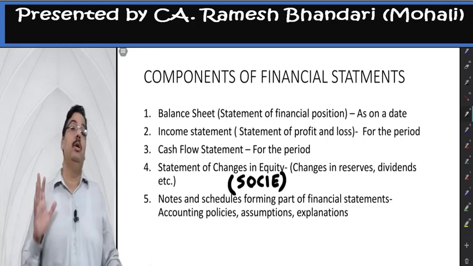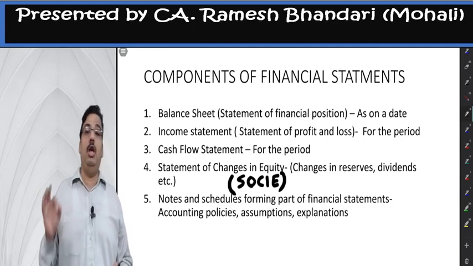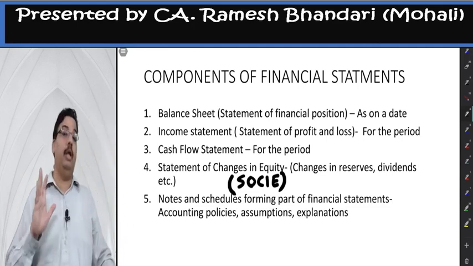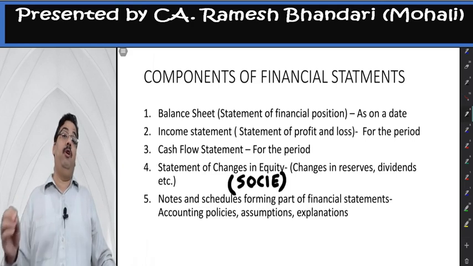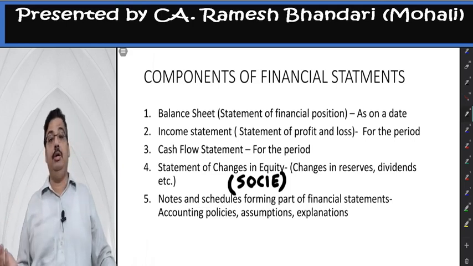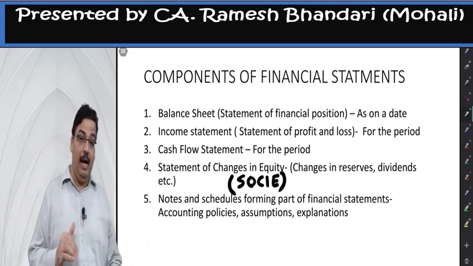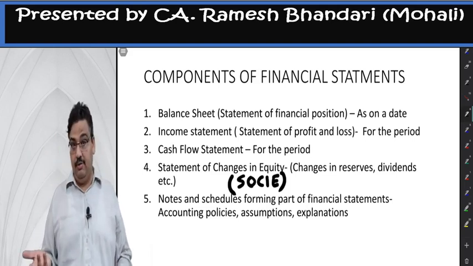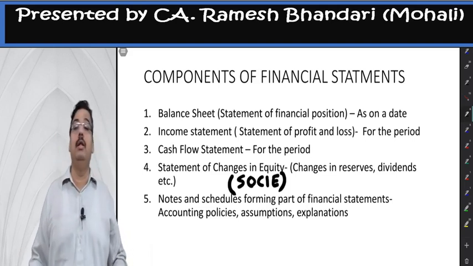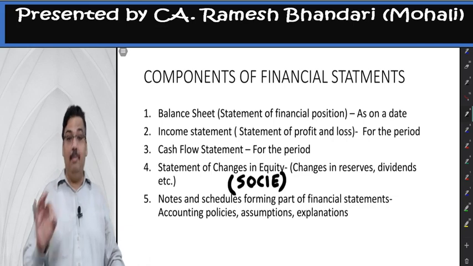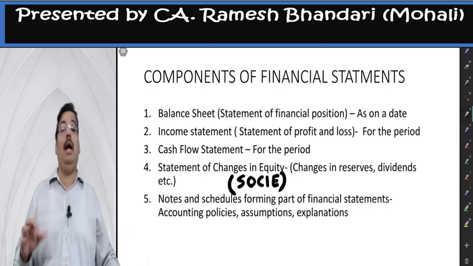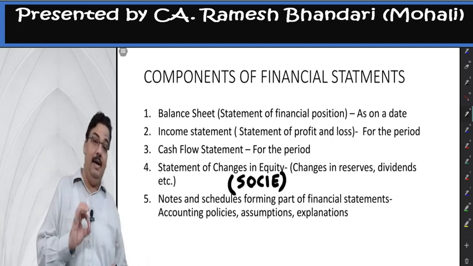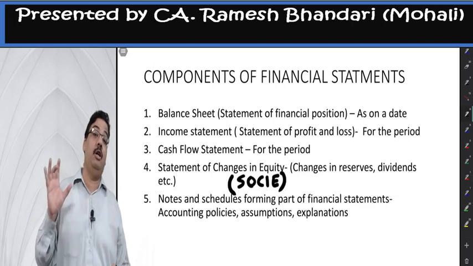What does it include? It includes changes in shareholders' equity, net profit or loss for the year taken to the balance sheet, dividends paid out of that, any utilization of those reserves. That is all included in this statement. It is telling me how the shareholder equity at the beginning and at the end are different. What are the reasons for its change?